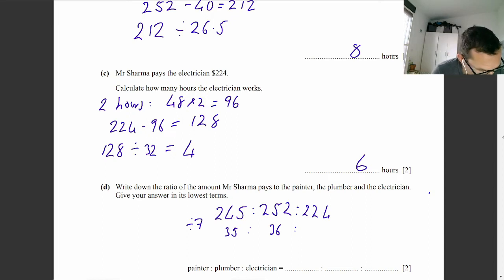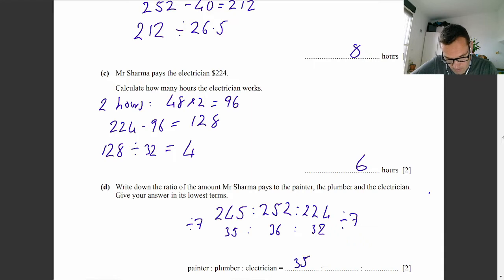And 224 divided by 7 is 32. Okay. So it's kind of trial and error I did there, working up from the lowest, from 2. And when I got to 7, I found the common factor. Is there anything else? No, there's only one difference between 35 and 36. So that must be the lowest terms.